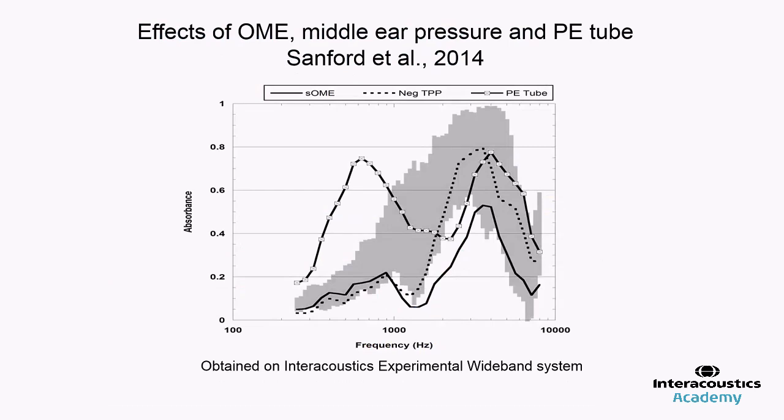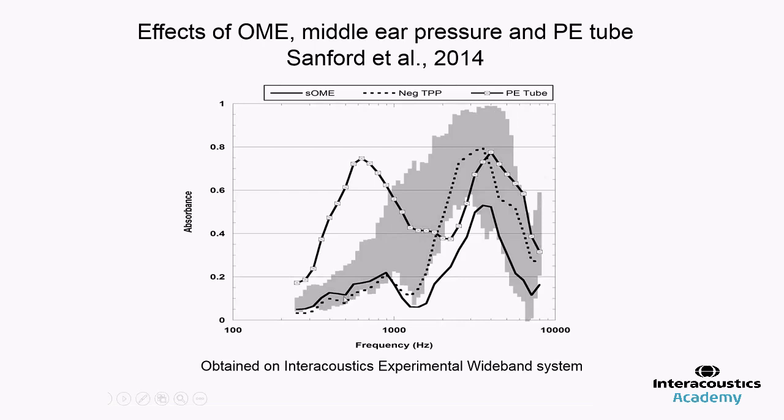This is a study that was done by Chris Sanford, who's done a lot of work in this area, and these are some cases of validated serous otitis media with effusion, which is shown in the solid line, negative tympanometric peak pressure, negative TPP, which is shown in the dashed black line, and then an ear with a PE tube, which is shown with an X symbol over the dark line.